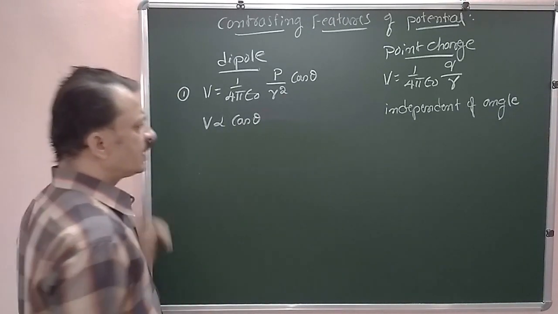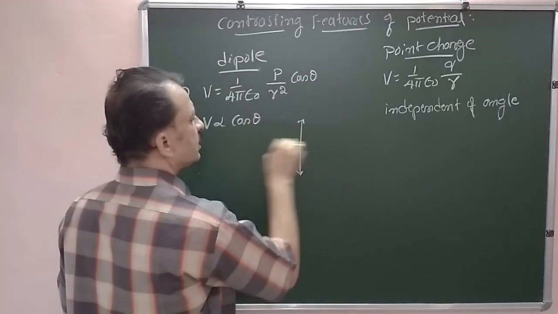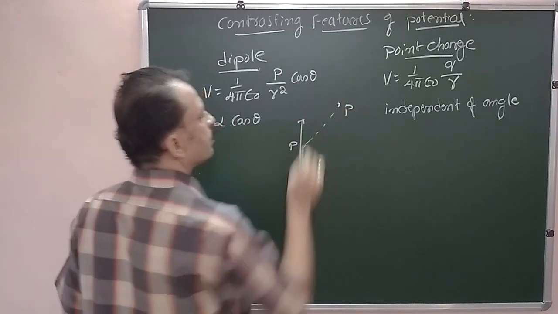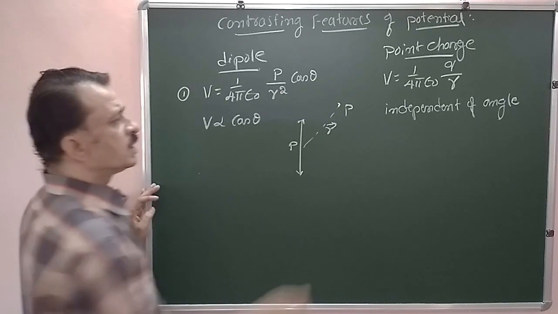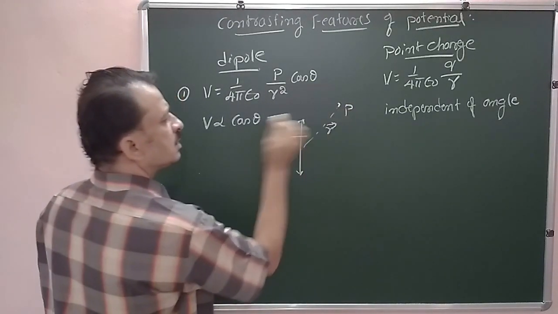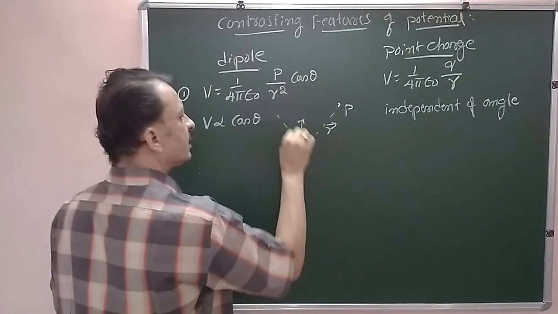If I take this as the dipole moment, and this is some point P, and this is the position vector r, then if I rotate this position vector about the dipole moment, I will get a cone.